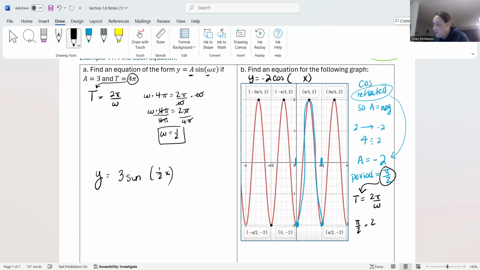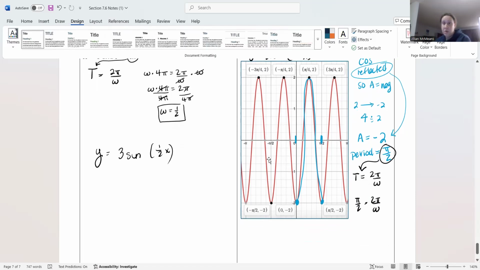I'm going to set it equal to 2 pi over omega, and then I can solve for omega. You have different ways you can solve for this. I see a proportion, so I'm going to cross multiply and then solve for omega that way. So we multiply diagonally. So I get pi times omega equals 2 times 2 pi. So I get pi times omega is 4 pi. Divide both sides by pi, and we have that omega is 4.